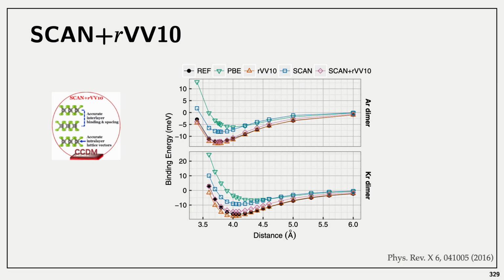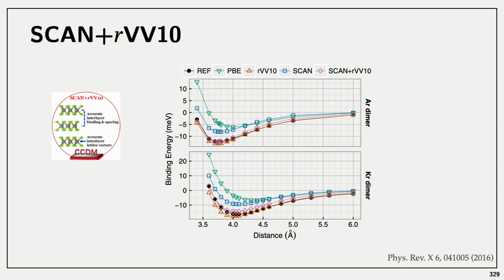It's done on purpose. I mean, it's been designed for that. SCAN is doing okay. This is the blue line. It's shifted, but it finds the same minimum distance. But you can actually modify SCAN to put in some of the van der Waals corrections from rVV10, and then you end up with those purple lozenges, which are very close to experiment.